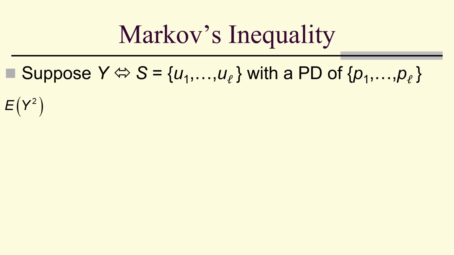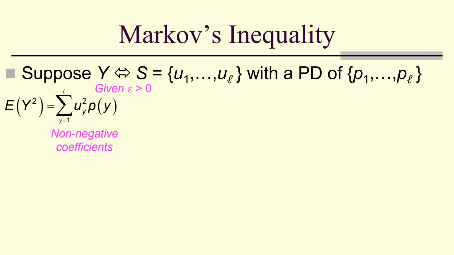Suppose we have y associated with S, with a probability distribution of P1 to PL, where there's L elements in S. The expected value of y squared is the sum, y equals 1 to L, of u sub y squared P of y. But these are all non-negative coefficients inside the sum. So for an epsilon greater than 0, this sum would have to be greater than or equal to the sum where the absolute u sub y is greater than or equal to epsilon of epsilon squared p sub y.